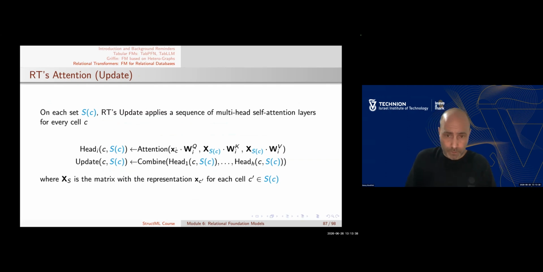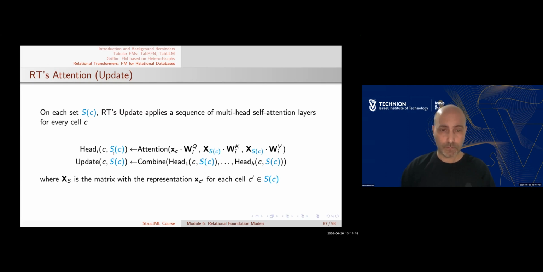The question is, what is the query, what is the key, what is the value? The query is the previous representation of C, XC, times some weight matrix for the query. The keys are the same values from the previous layer times a key matrix, and same for the values representation times a value matrix. And this is our attention, pretty standard attention.